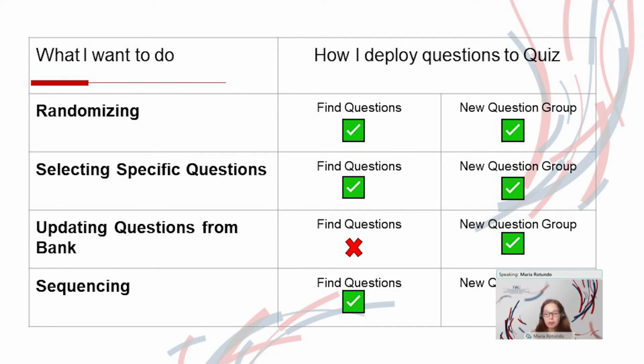The new question group, which is the more powerful feature, will allow you to update your questions directly and pull them directly from the question bank. But you will not be able to sequence if you do that. The way to sequence or organize your questions in a specific order will be by using the find questions option without a group.